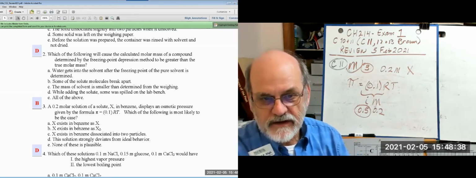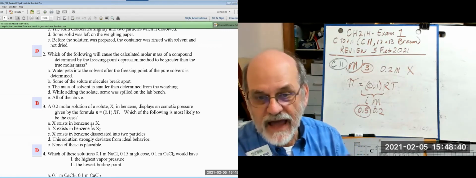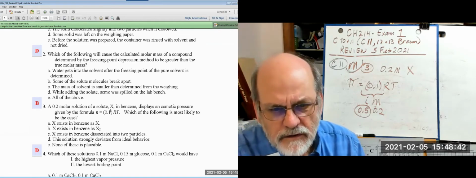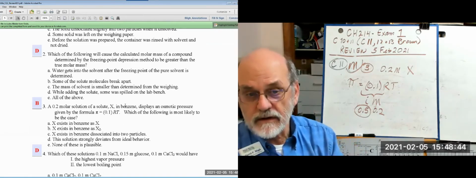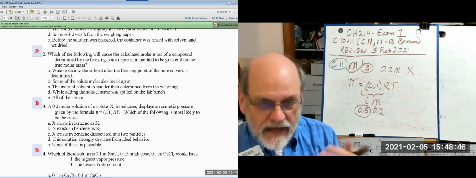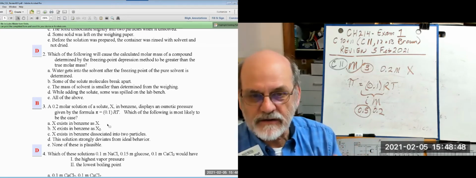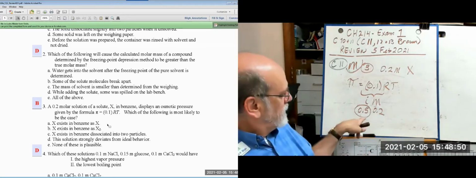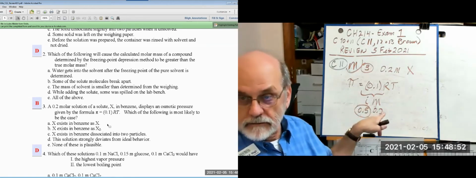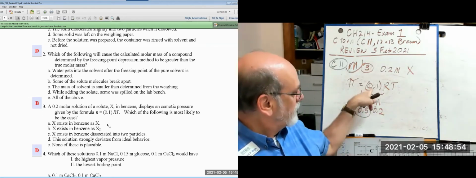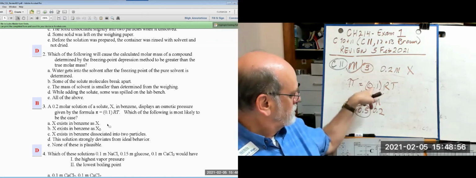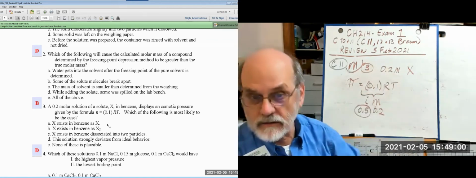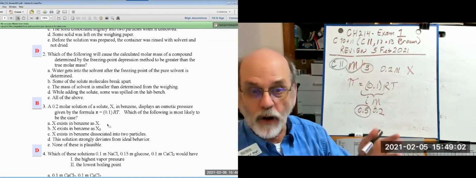X exists in benzene as X. Okay, benzene is the solvent, right? If that were true, then this would be 1, and that would be the same value. It can't be. It won't work.